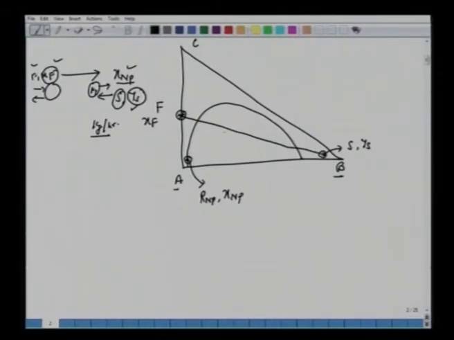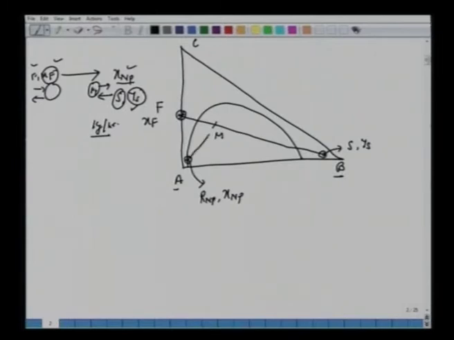So now notice this, that the two streams, E1 here and raffinate RNP, are miles apart. They are not in equilibrium. At every stage, the two leaving streams, raffinate and extract, are in equilibrium. But here, this is the first stage and this is the last stage.